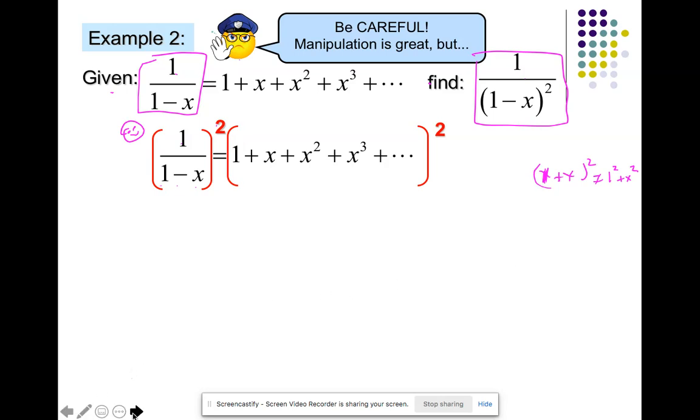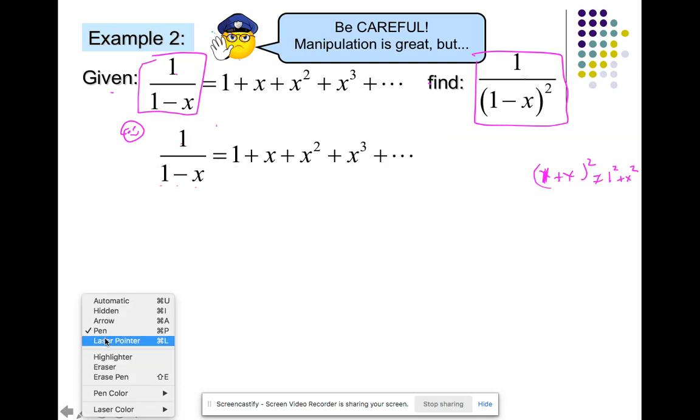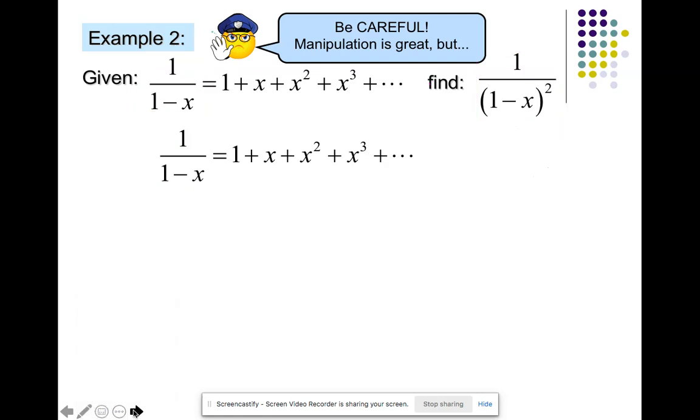So, bother. I would like to do a manipulation. Now I could build this one. It wouldn't be terrible. I could find the derivatives and all that. But what if I don't want to? Remember, that's my goal. I don't want to build from scratch. So check out what I did. I took the derivative of the left side.